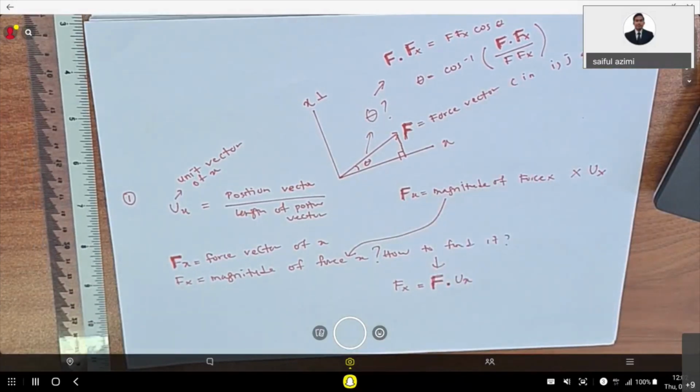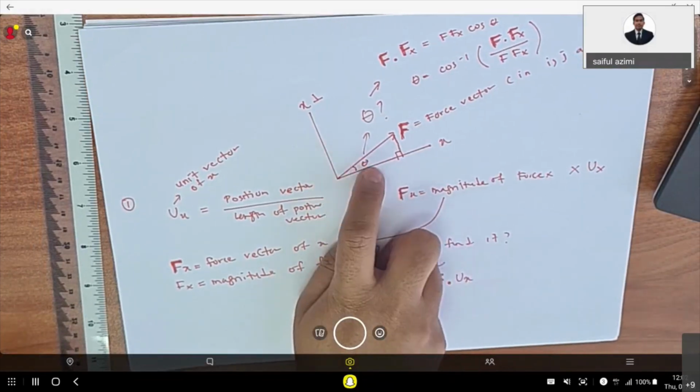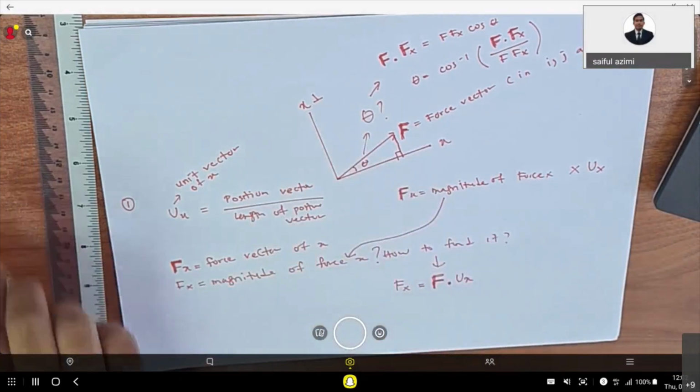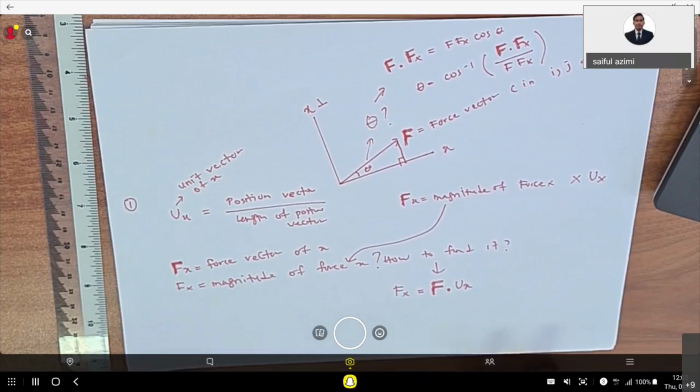If the question gives the force here and asks you to find the projection, you can use this one. But if the question is a little bit different, you need to use another method. I think you need some time to understand it, so you can watch it again and process it again.